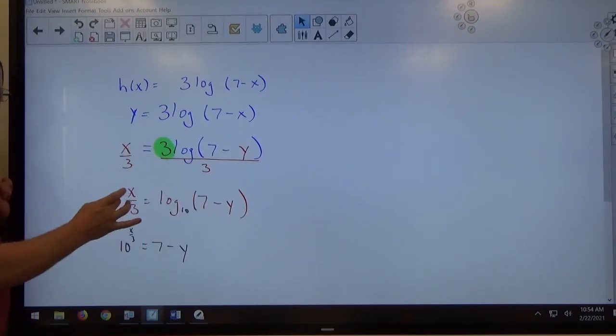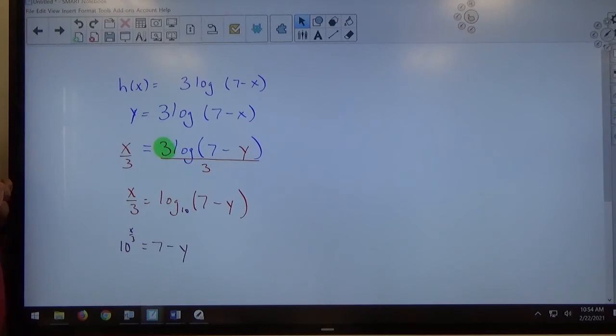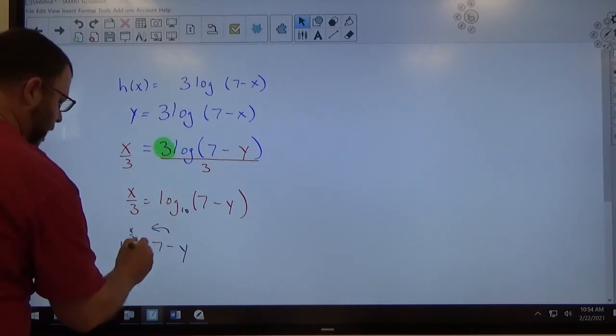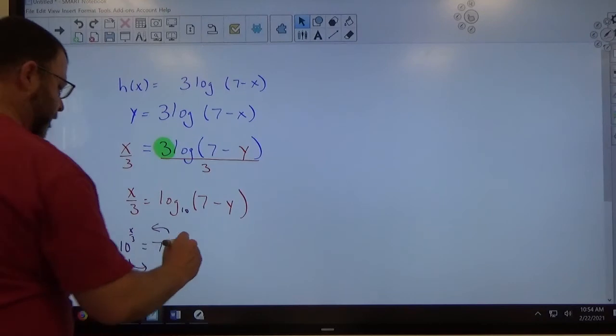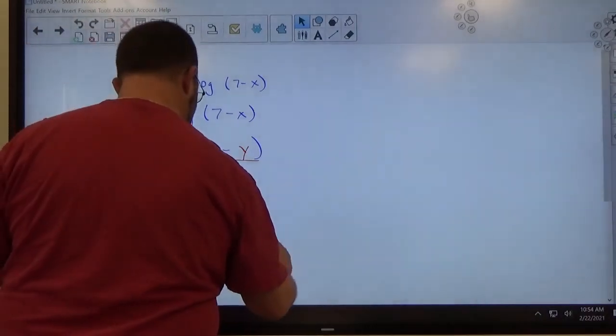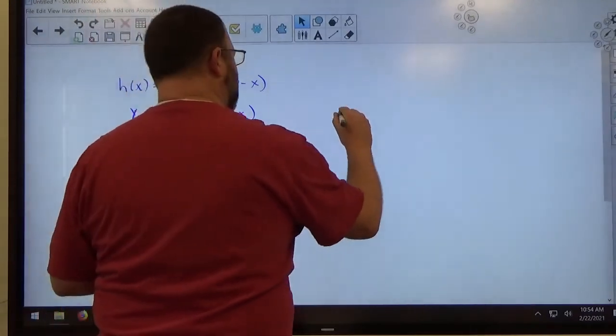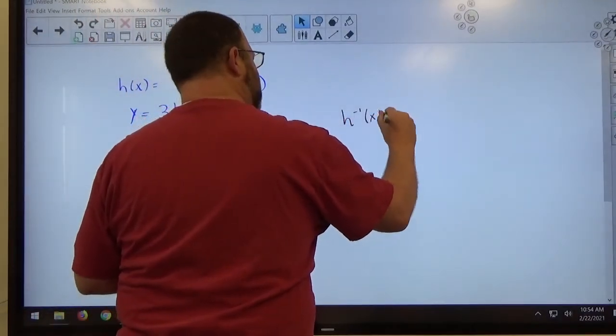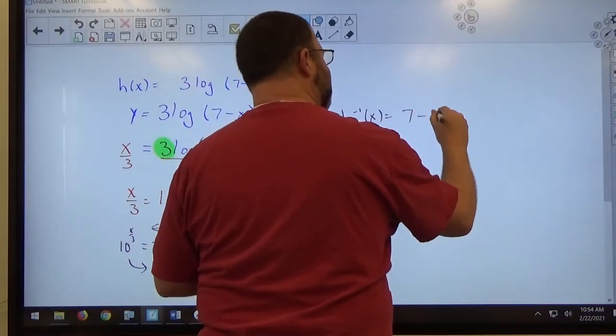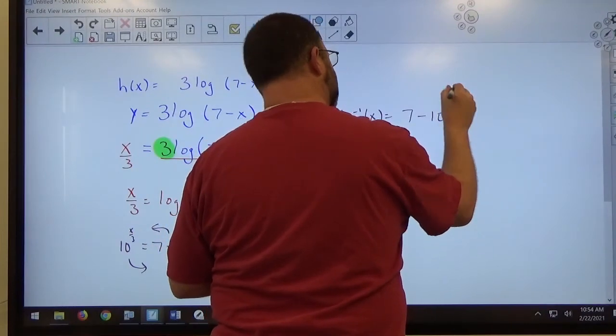I want log equals something before I do this change to exponential form. I don't want things being multiplied, divided out, or subtracted to it. Right? And then I would probably move the y to the left to make it positive, which means move that to the right. So I'd end up with positive y equals 7 minus 10 to the x over 3 power. So h inverse of x equals 7 minus 10 to the x over 3 power.